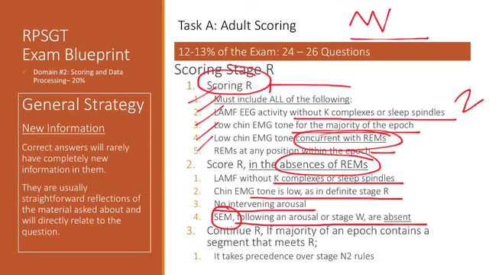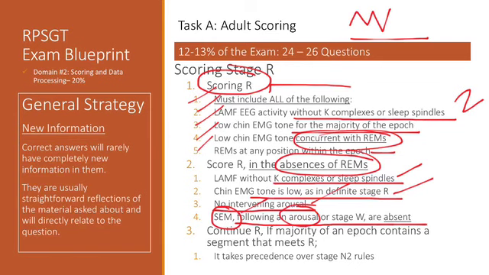Then it was, how do I score stage R if there is no rapid eye movement to help confirm the stage of sleep? And that's when you cannot have Ks or spindles. You've got to have a low chin tone. You cannot have an arousal. And if you do in fact have an arousal, then slow eye movements cannot be present.